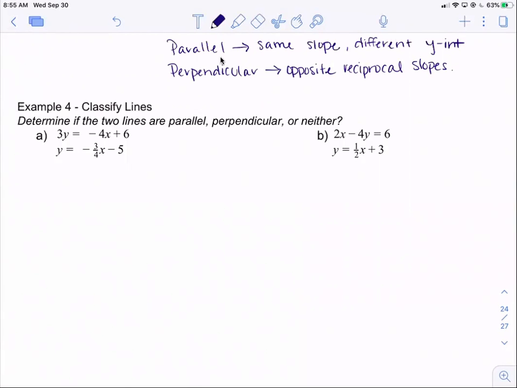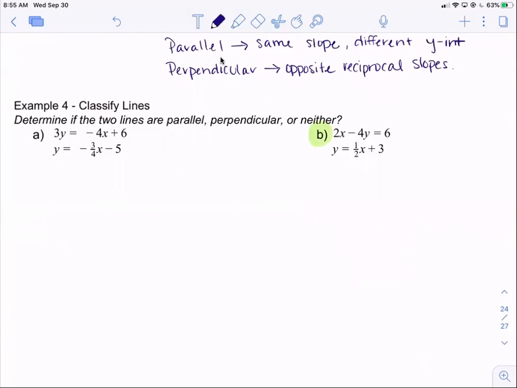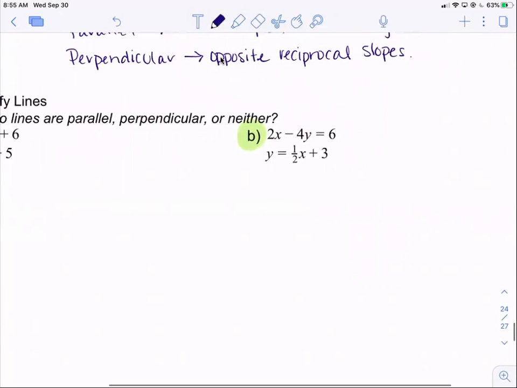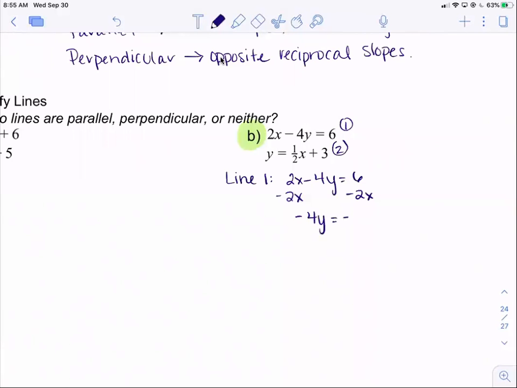Okay, so let's do B. So 2x - 4y = 6. Looking at line 1, I'm going to put a 1 and a 2 here. We have 2x - 4y = 6. Remember, to find the slope, we always want to get y by itself. I'm going to subtract 2x from both sides. We have -4y = -2x + 6.